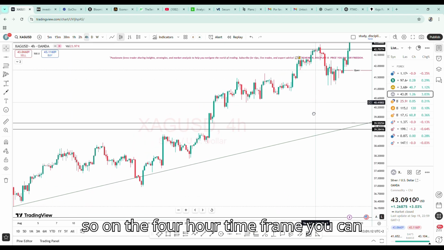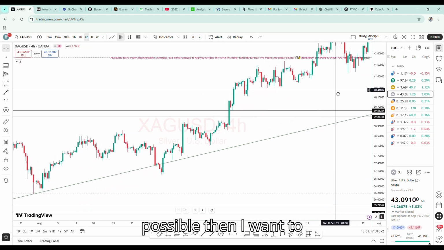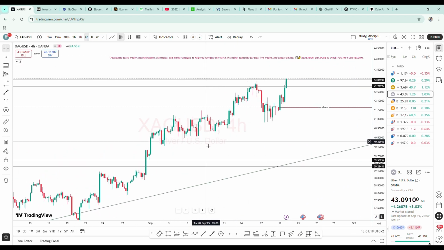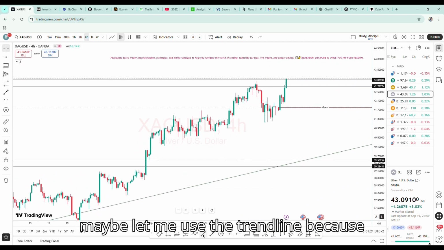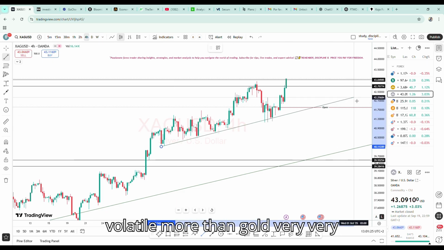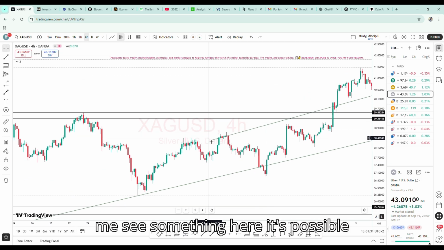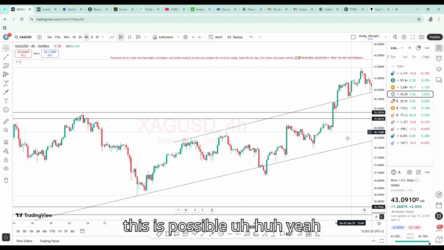Alright, so on the 4-hour time frame, you can see what I'm having right here now. Let me use this trend line, because you see that silver is very volatile, more than gold. Very volatile. Let me see something. Here, it's possible.